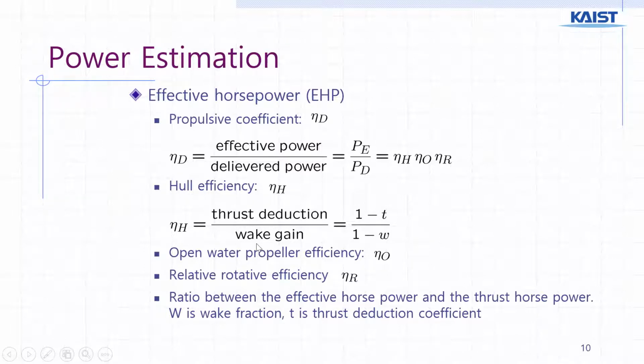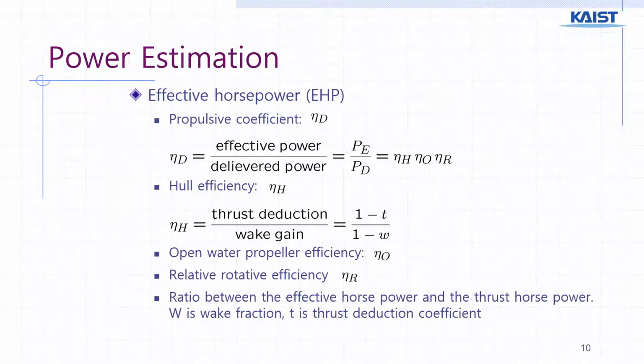And wake gain comes from the wake, which is the speed distribution around the stern area. That gives you additional power because of the speed and other things. And open water propeller efficiency means a propeller without hull, without ship.